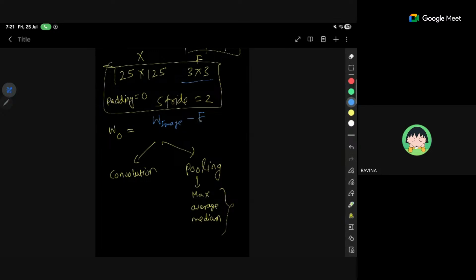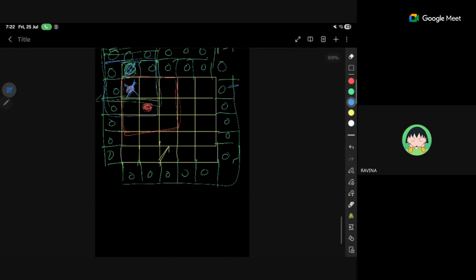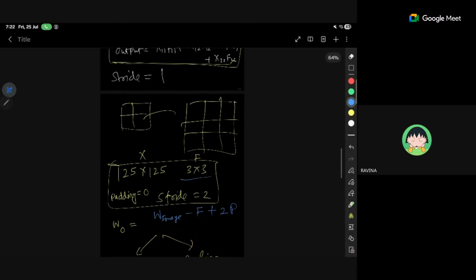Usually there are square filters only, but if you try other kinds of filters which are not square, then you have to take width and height. Then we add 2 times padding. Why 2 times padding? Because if I add one padding, I'm adding one here and one here also, right? So width is increasing by 2. That's why I have to do 2 times padding.